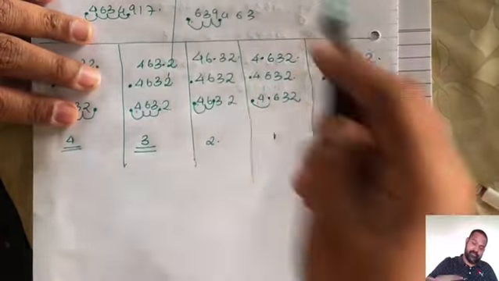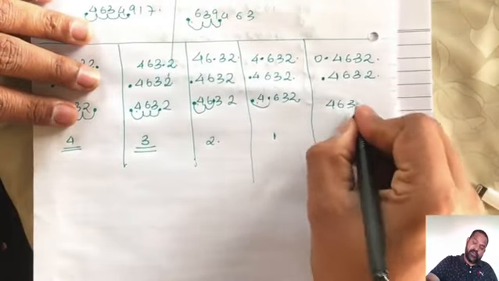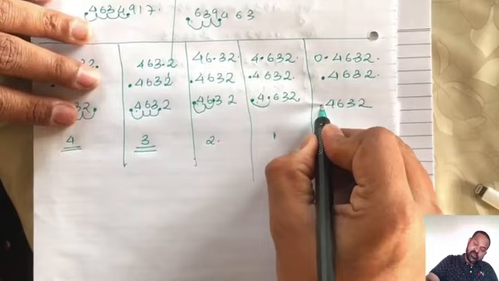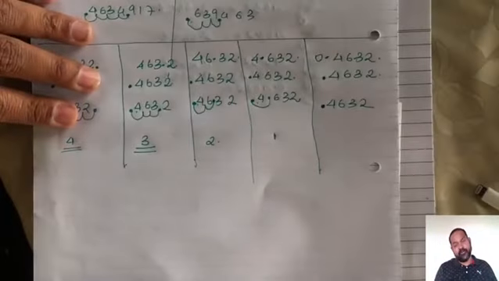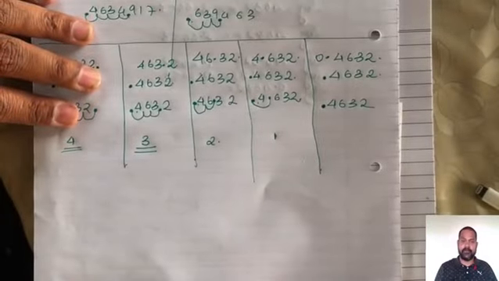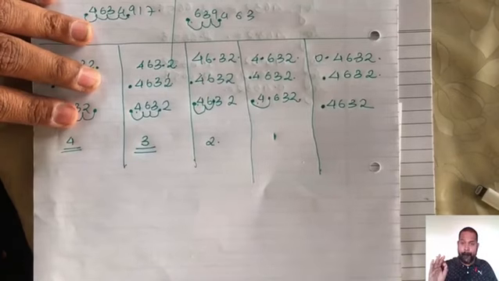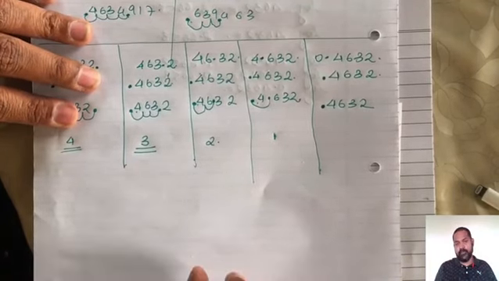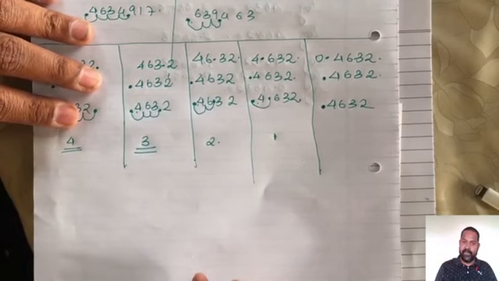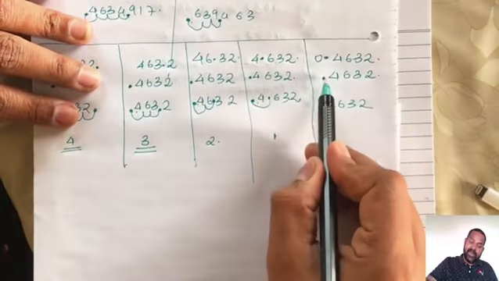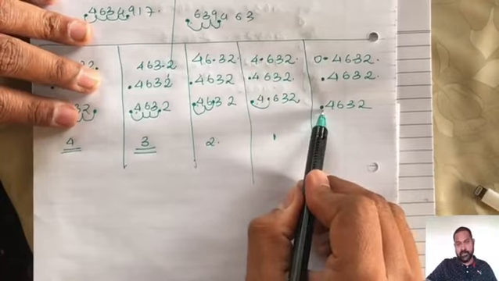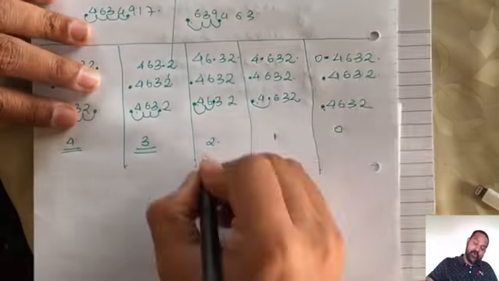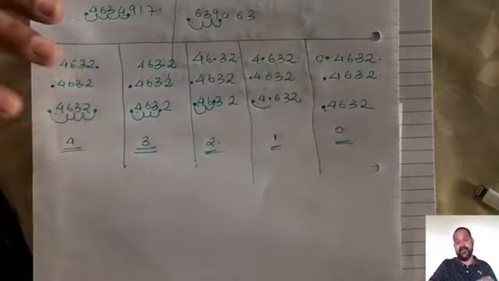Well, both are the same. 4632. The actual is also this and the leftmost is also this. Did you hop in any way? No. If you didn't hop in any way and your actual and the leftmost is the same position, it means there are 0 places before the decimal.